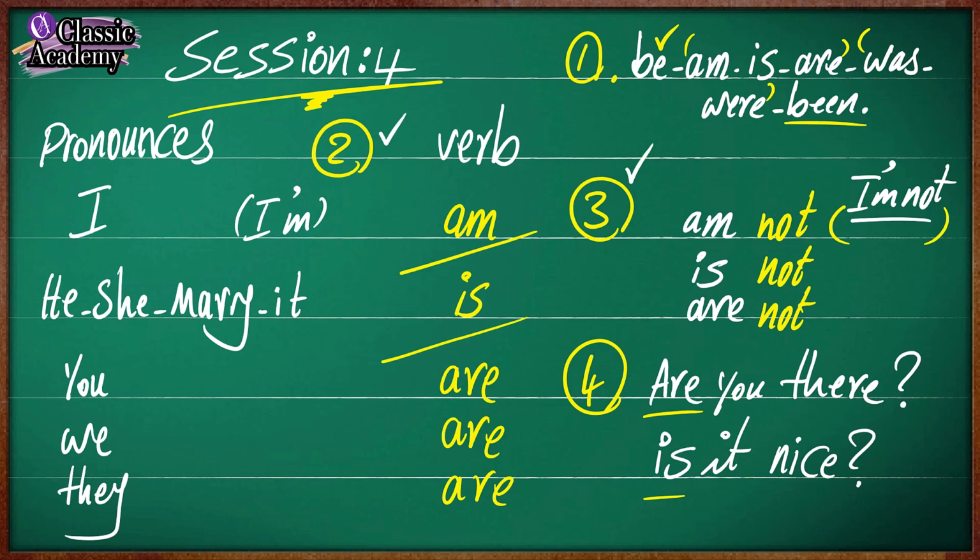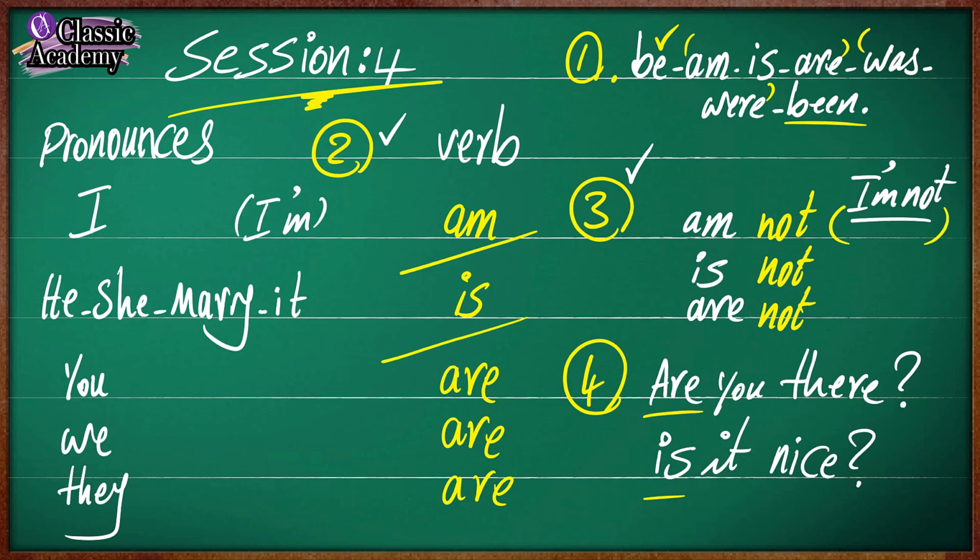In the next lessons, we are going to talk about more important things about this verb, like the question forms, of course. This is very important. You must know this verb particularly because we can use it in different forms for different purposes and reasons in the English language.